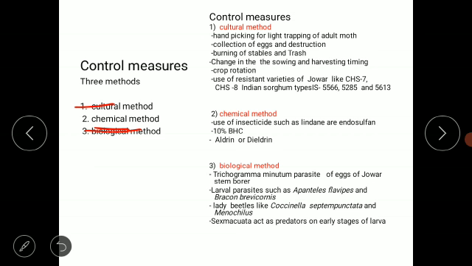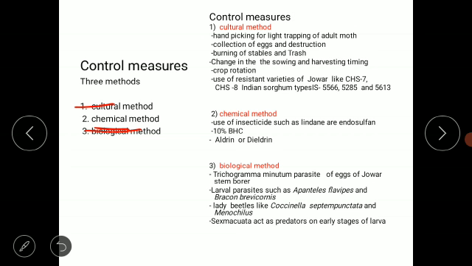Now next to that, the chemical method. In the chemical method, we are using different types of chemicals for controlling the insect pest. Here we can use 0.05% lindane, or we may use 0.1% endosulfan for plants which are 15 days old, and this is very effective. This is the first round.